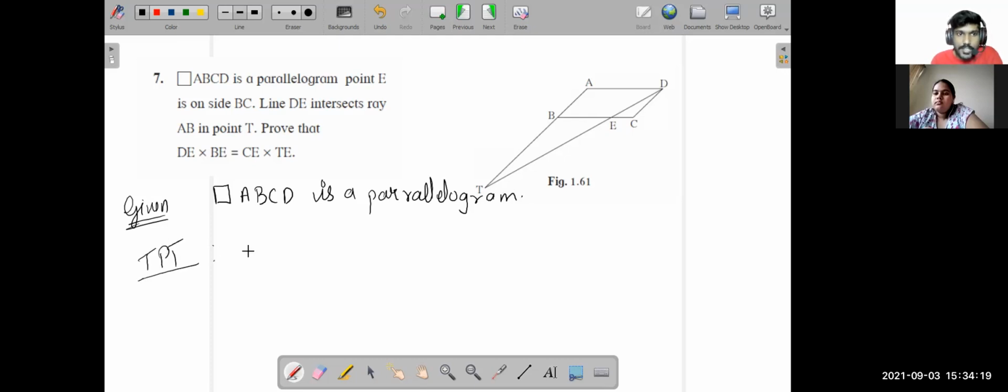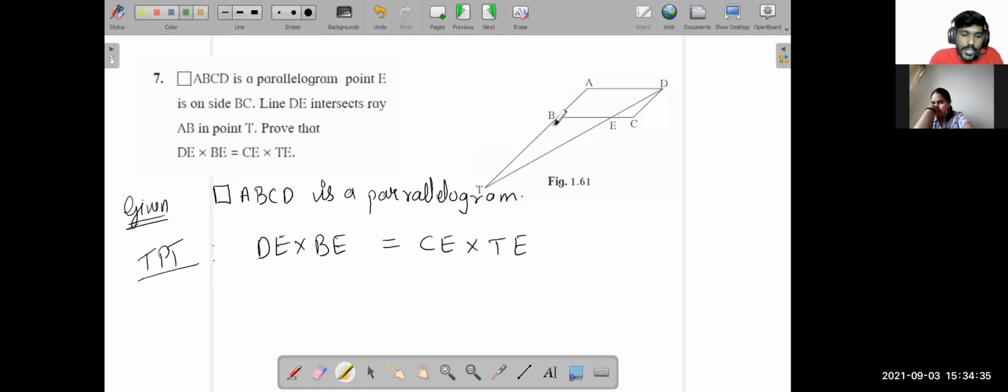You have to prove that DE into BE is equal to CE into TE. Now, if you look at the figure, two triangles are formed. Look at the first triangle BET and CED.